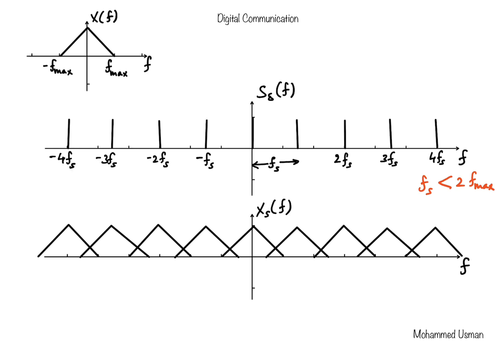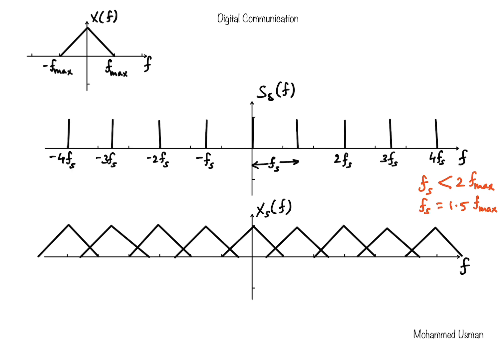So for example, if that is f max and that is 2f max, I marked fs at 1.5 f max, which is less than the Nyquist rate, which is less than 2f max.